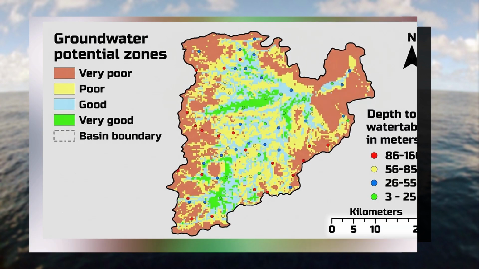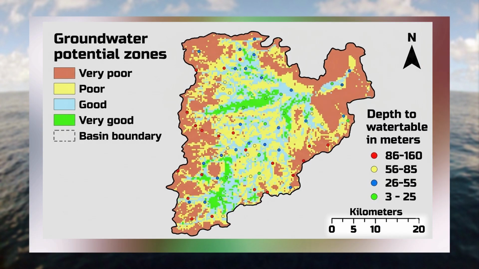So, groundwater potential mapping is a process of identifying and delineating zones within a watershed that have good to poor groundwater occurrence and recharge potential. So, it is essential for sustainable water resource management, especially in regions facing water scarcity, over extraction and climate variability.